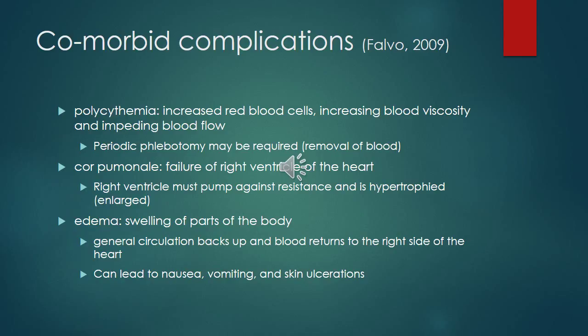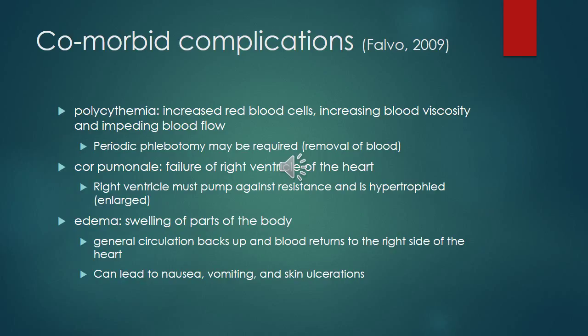Another common comorbid condition is cor pulmonale, and that is a failure of the right ventricle of the heart. So as the blood becomes more difficult to pump throughout the body, it creates a strain on the heart, and we'll talk about how the heart becomes hyperutilized.